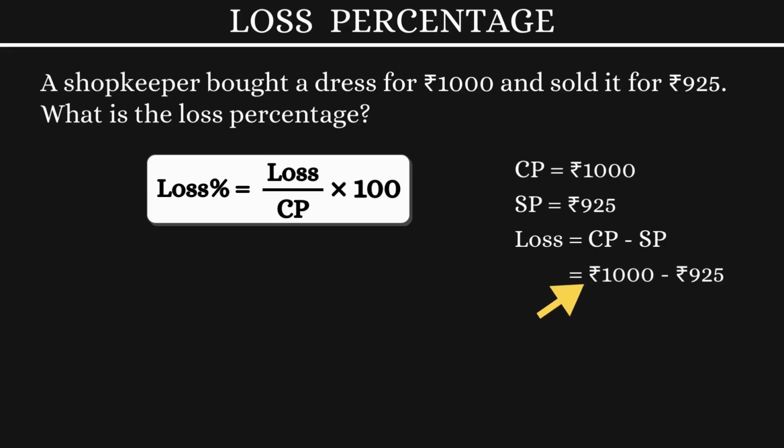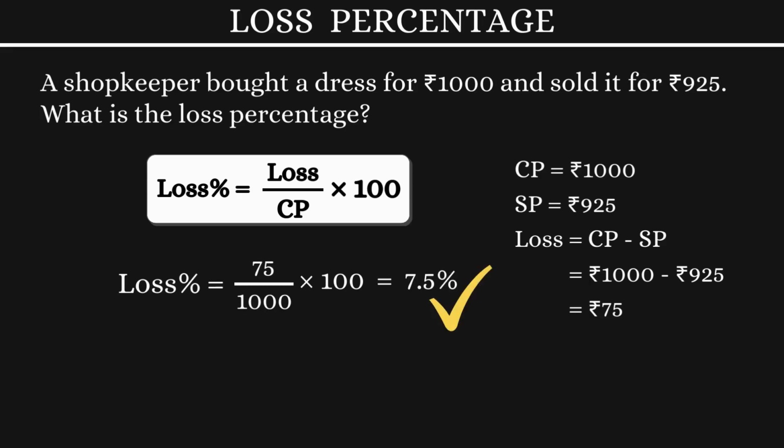1000 minus 925, and that is 75 rupees. Now let's use this loss and the cost price in our formula. Loss percentage becomes 75 divided by 1000 into 100, which is 7.5%.